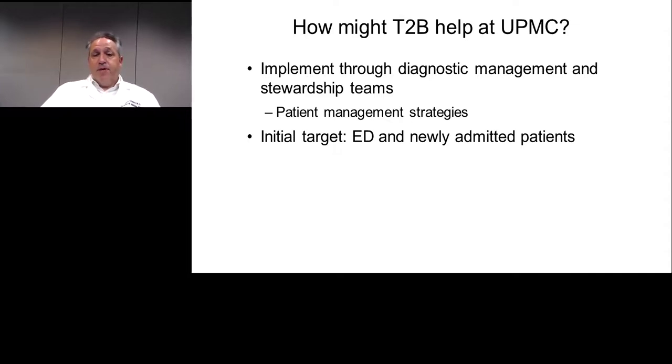The first thing, similar to what we showed with T2Candida, is the test is going to work best if implemented through diagnostic management stewardship teams and incorporated into formalized patient management strategies. And our initial target is going to be emergency room patients and those newly admitted patients within the first 24 hours who have evidence of sepsis, in whom the T2 bacterial panel coverage looks promising at our center, and who account for the majority of all bloodstream infections that ultimately will be diagnosed at our center.